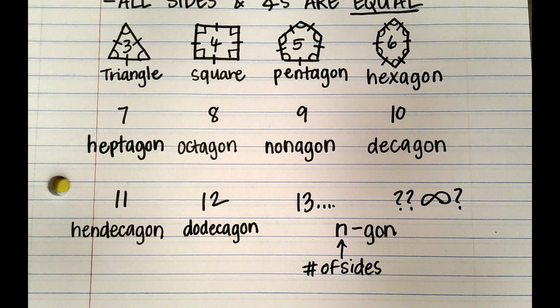If it has 28 sides, it's a 28-gon. Very creative. After dodecagon, they decided to do something different. So if I wanted to know what a 28-sided shape is, it's a 28-gon. That's the name of it.